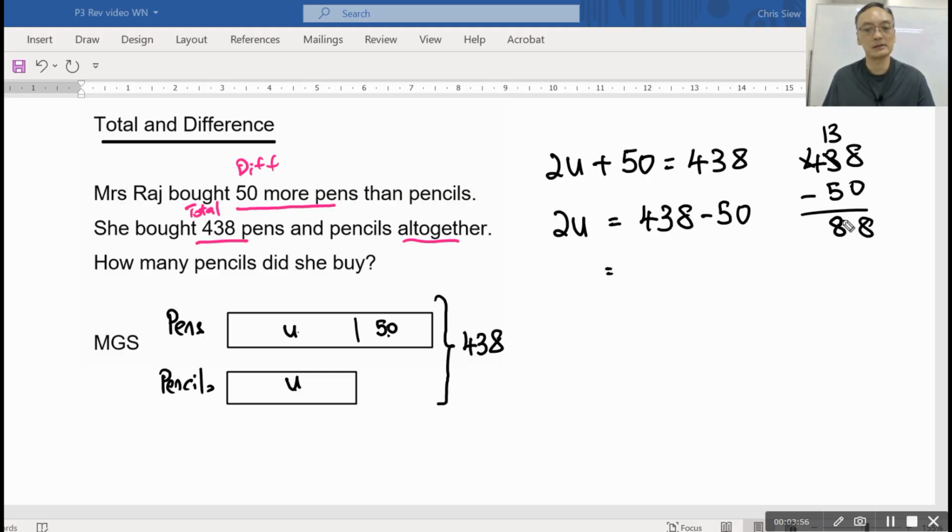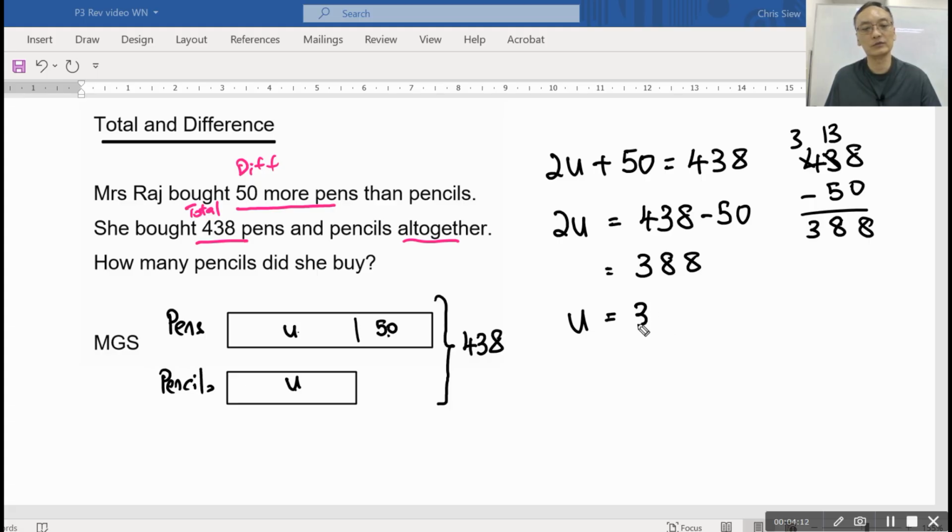So this will give us another 8, and we're left with 3 here. So we know that the value of these 2 units is 388.